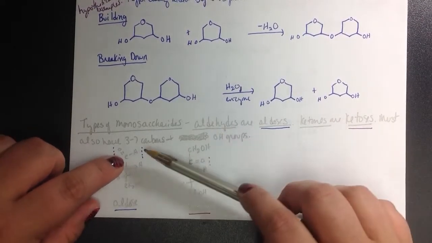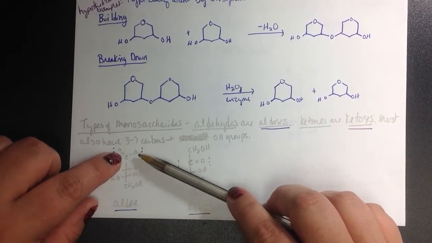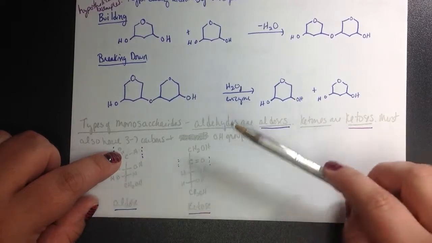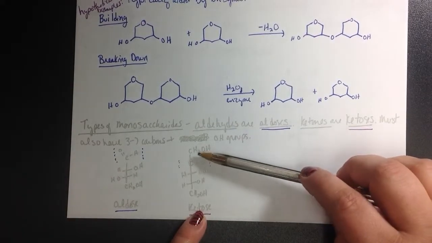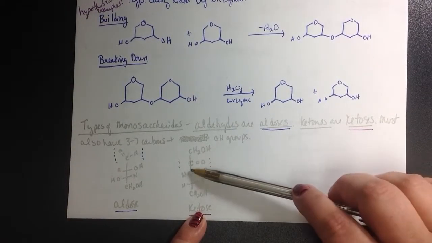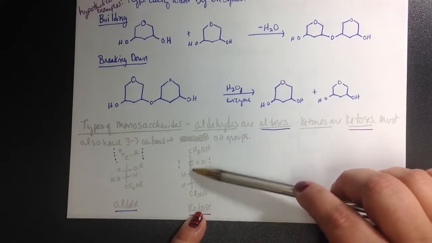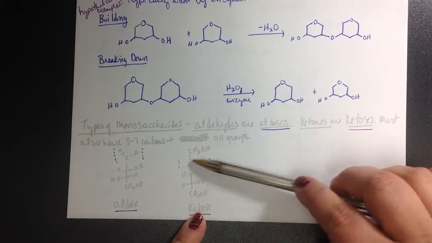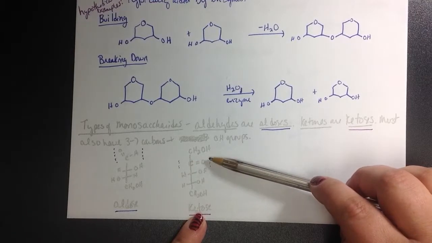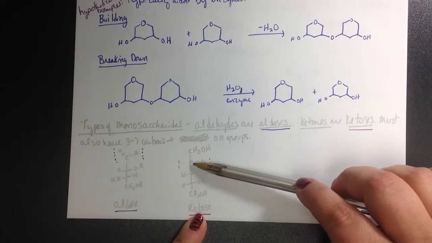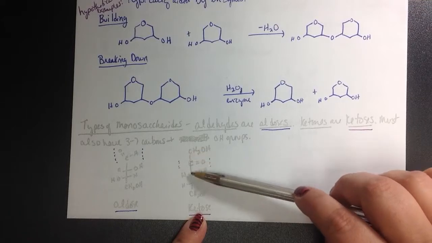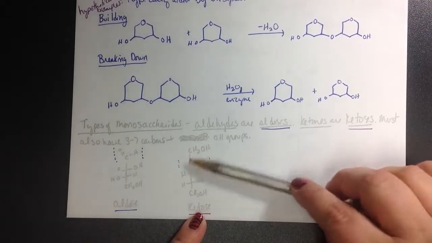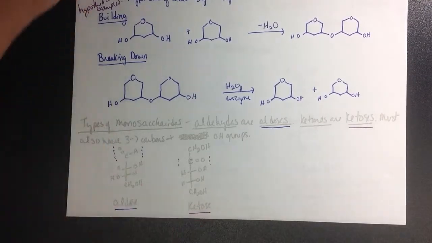An aldehyde has a C double bond O and an H here, so that would be an aldose. See how this one starts with the CH2OH, and then in the middle of that line has a C double O bond. Well, notice that's not an H, that's a C double O bond. Therefore, this carbon is connected to more than one carbon. It's a ketone that makes this molecule a ketose. Okay.